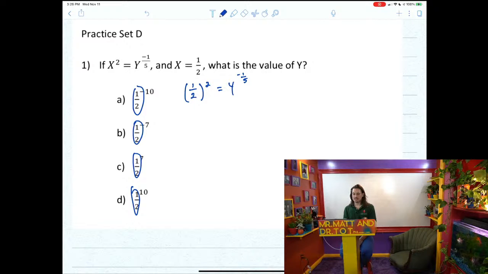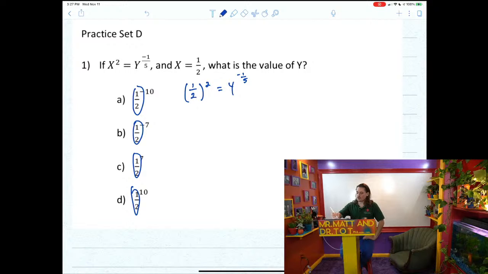I can eliminate that exponent of negative 1/5 by multiplying by negative 5, because negative 1/5 times negative 5, those are inverses of each other, and that will reduce down to just 1, which has no effect on y, so y to the 1 power is just y.